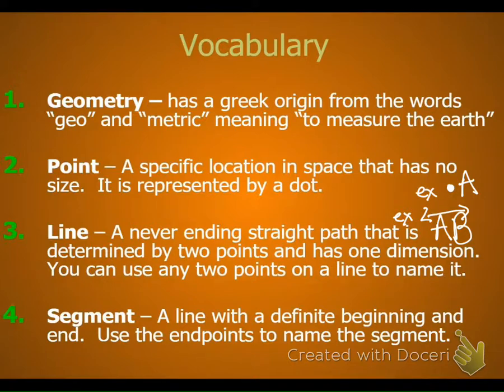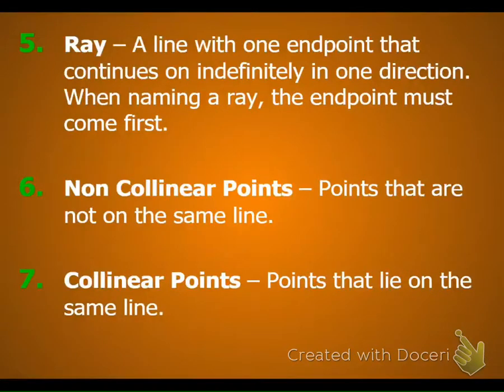And the last one on this page is a segment, a line with a definite beginning and end. The endpoints are used to name the segment. So we can name that as AB as well, but no arrows on it. Our first one is a ray. A ray is a line with an endpoint that continues on indefinitely in one direction. We name a ray by the endpoint.